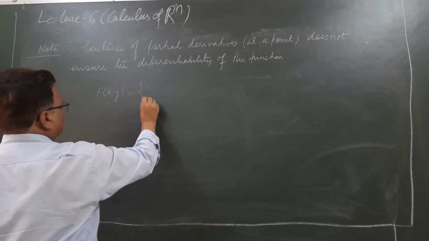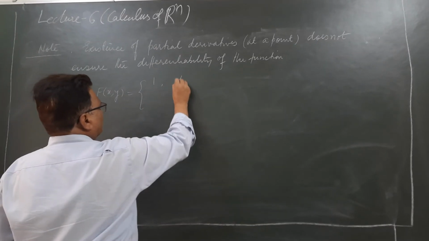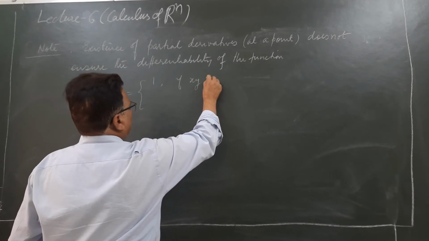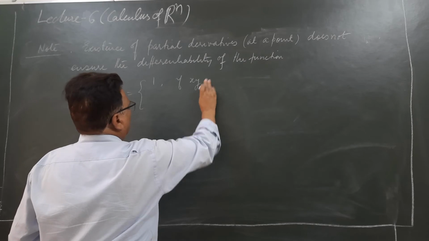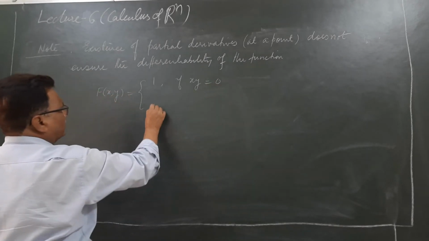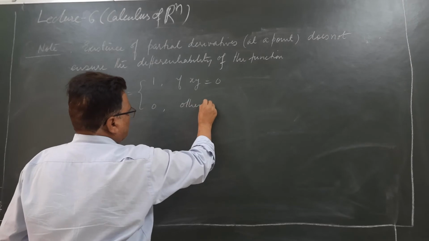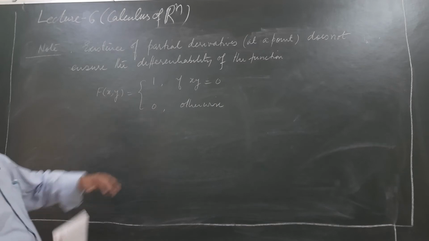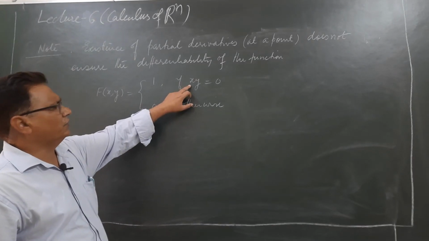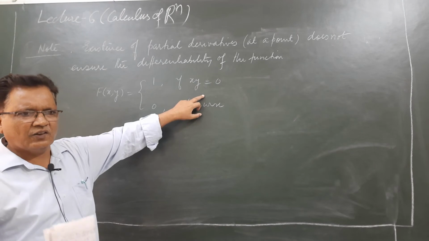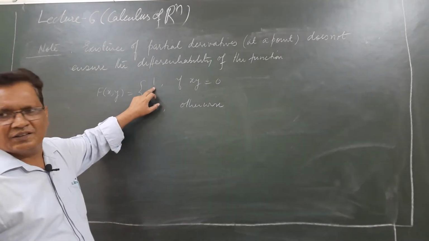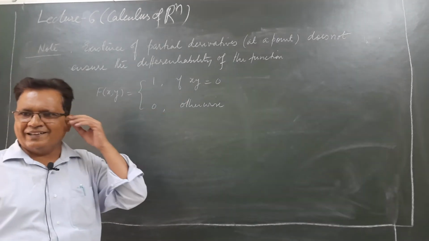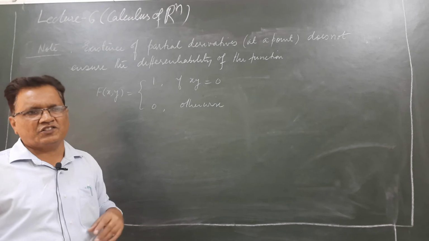I can define it as 1 if xy is equal to 0 and 0 otherwise. ठीक है, तो यानी कि आप या तो इसमें ना x 0 हो या y 0 हो, यानी जब कोऑर्डिनेट एक्सिस के अलोंग आए तो वैल्यू 1 हो. तो आप z = 1 हो गया. हाँ, अदरवाइज किसी और पाथ से आएगा तो ये प्लेन. फिर ये कंटिन्यूअस 0 पे नहीं होगा.